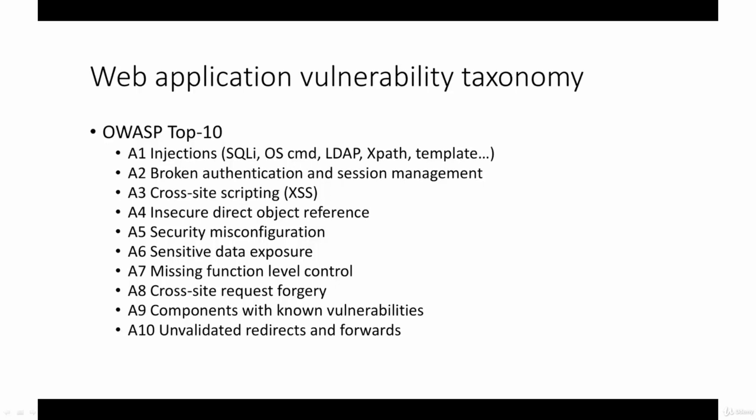Okay, so for ethical hackers and penetration testers, I would like to emphasize at least two artifacts of those project domains, right? So there are different project domains in OWASP.